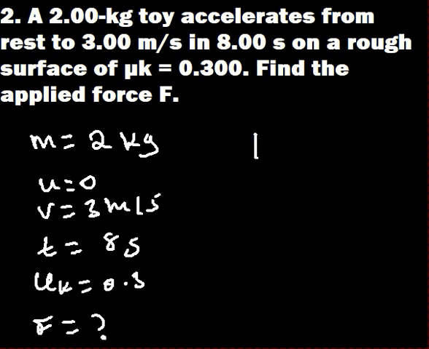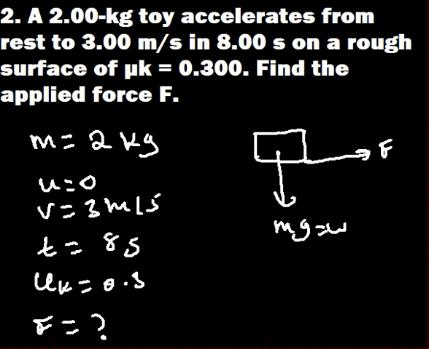First, let's analyze the forces acting on the system. We have the force being applied, which is what we are looking for, the weight of the object, mg, and the normal force acting upwards.